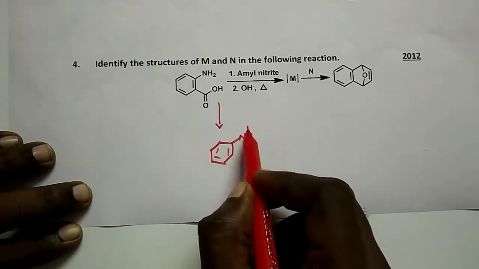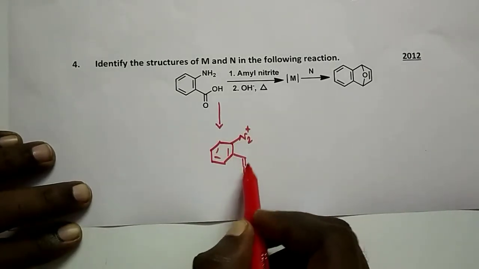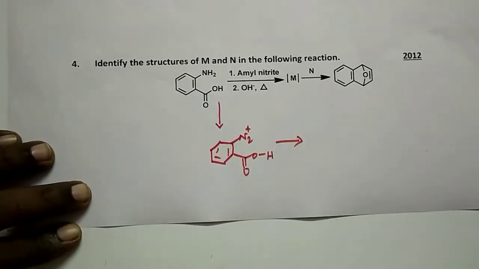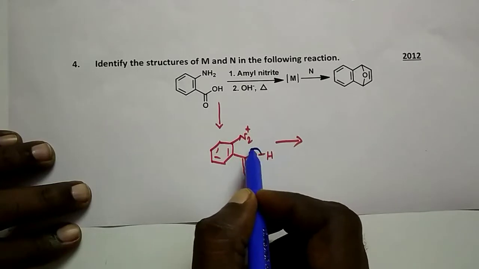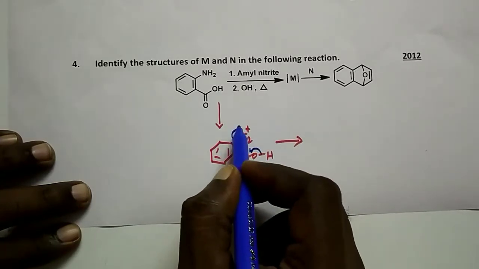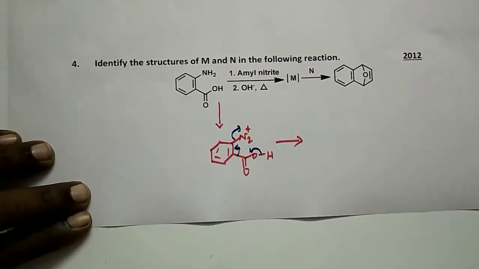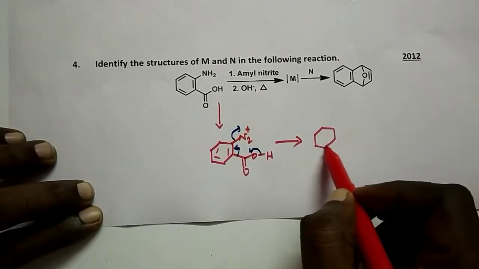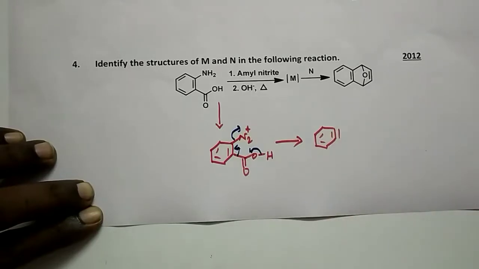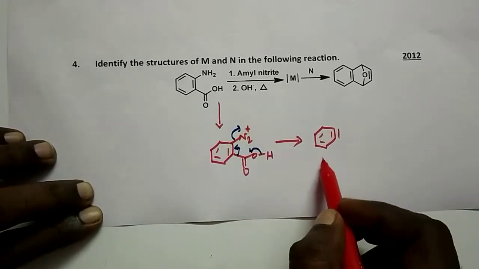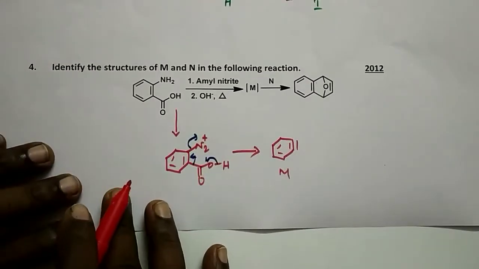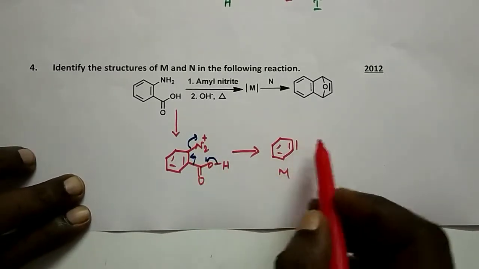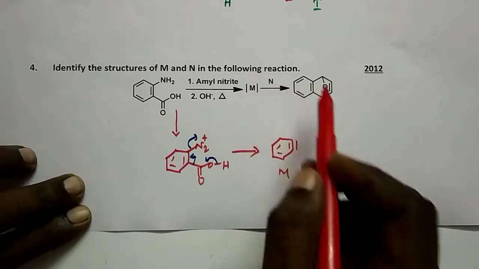So N2 plus, diazotization. What is the next step then? The next step gives the benzyne intermediate. This is M. Here, benzyne acts as a dienophile and it reacts with N to give this product.